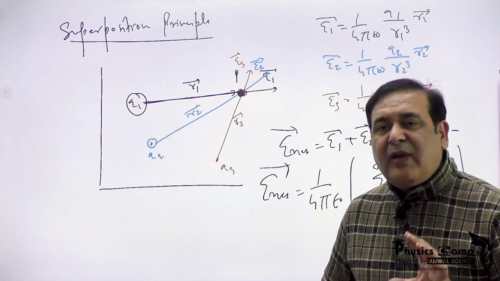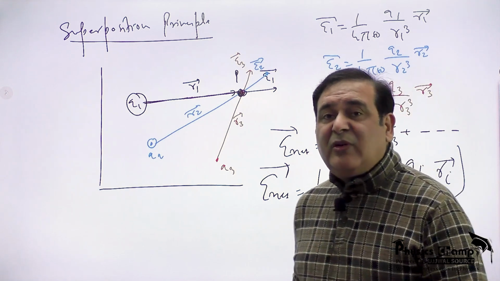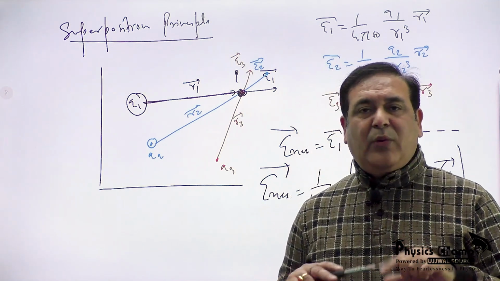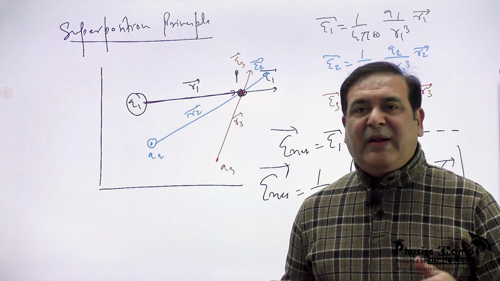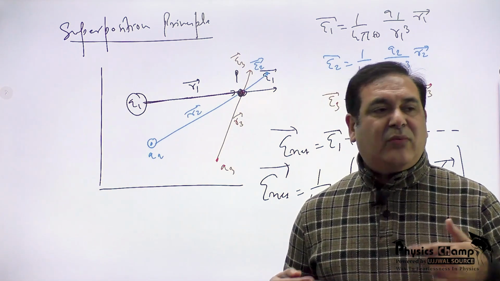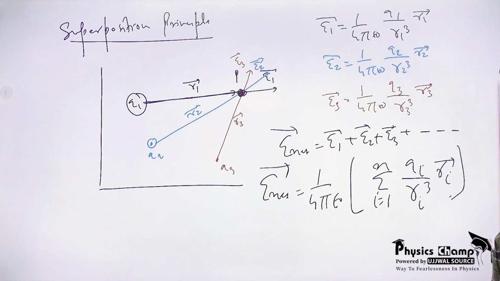This is one example. You may observe some numericals on it. While we are doing this example, you will have a better insight into how to actually deal with it in case you have coordinates given of the charge or of the point where you are looking for the electric field.